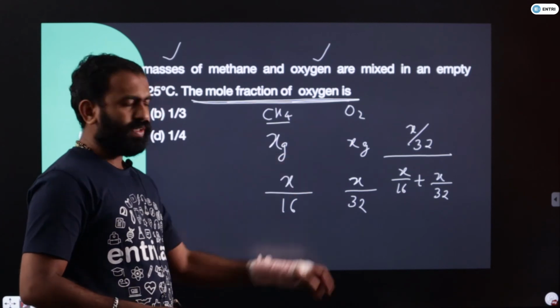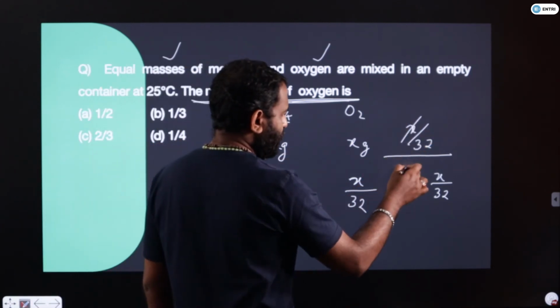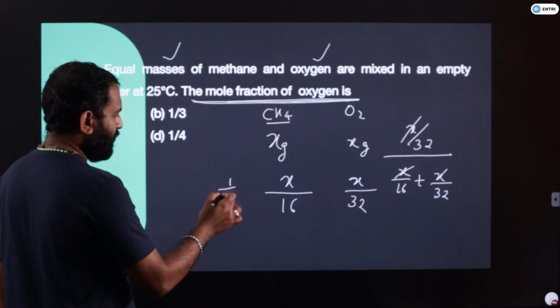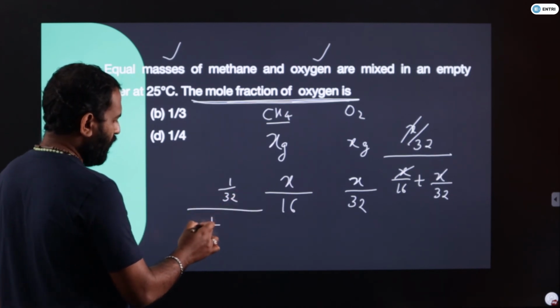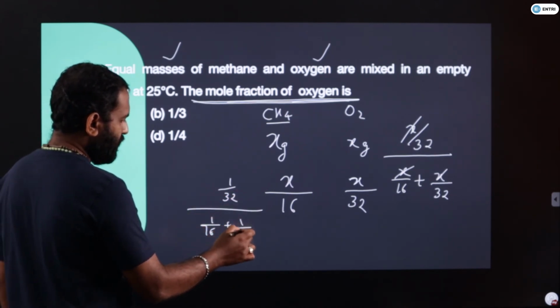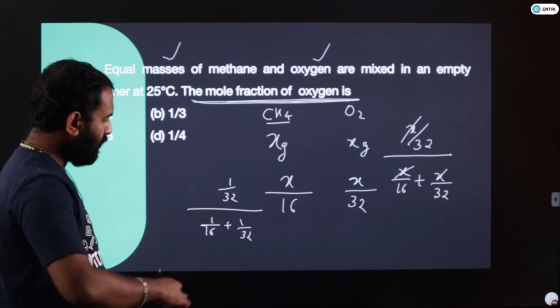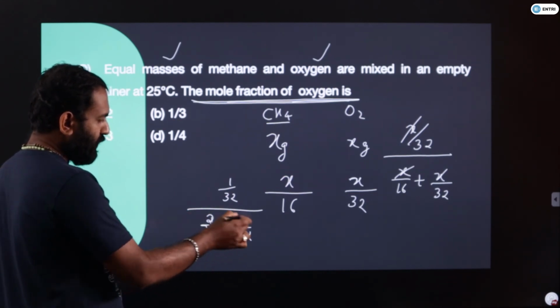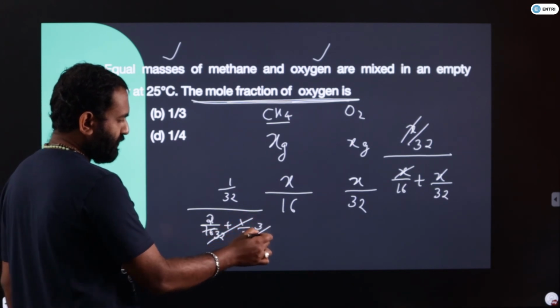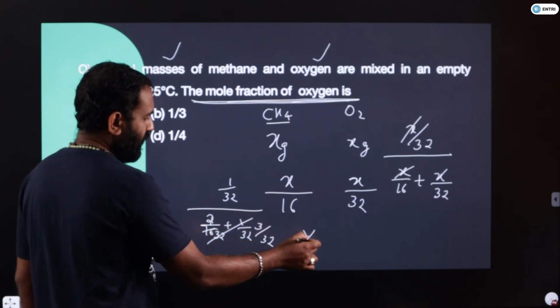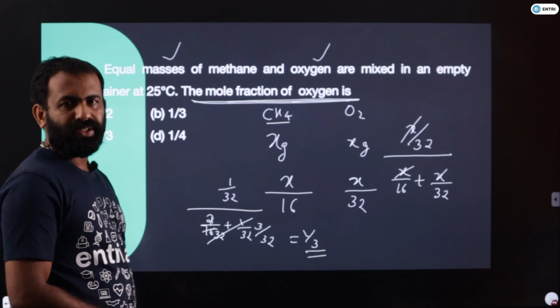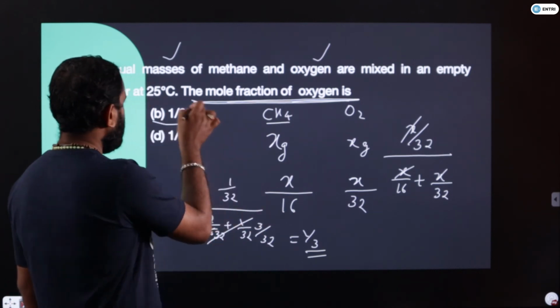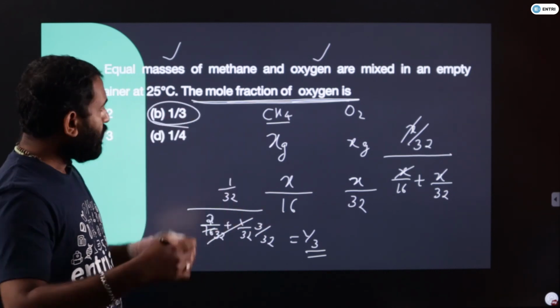X is common, so 1 by 32 divided by 1 by 16 plus 1 by 32. 1 by 16 is 2 by 32, so 2 by 32 plus 1 by 32 is 3 by 32. So the answer is 1 by 3, option B.